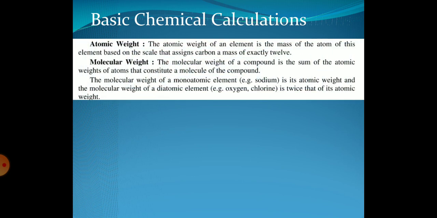The first term in stoichiometry or process calculation is atomic weight. The atomic weight of an element is the mass of the atom of this element based on the scale that assigns carbon a mass of exactly 12, and molecular weight. The molecular weight of a compound is the sum of the atomic weights of atoms that constitute a molecule of a compound.